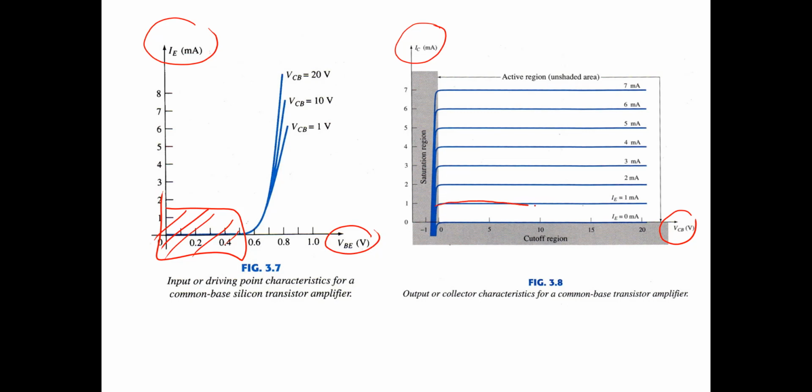So it's like a saturation here, depending on the emitter current. So the IC is not dependent on the variation of the collector to base voltage VCB, but the IC depends on how much the emitter current is. If IE is 7 milliamperes, the IC is 7 milliamperes. IE is 6 milliamperes, also 6 milliamperes. So it means that IC is equal to IE, because IB is very small.